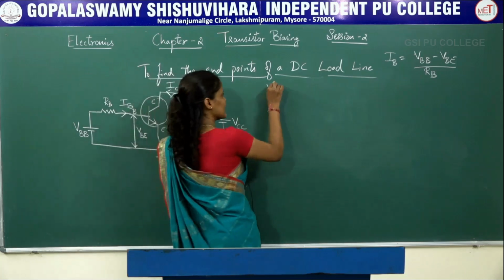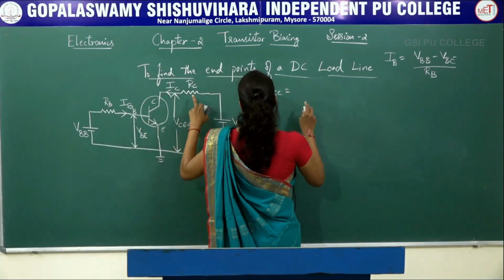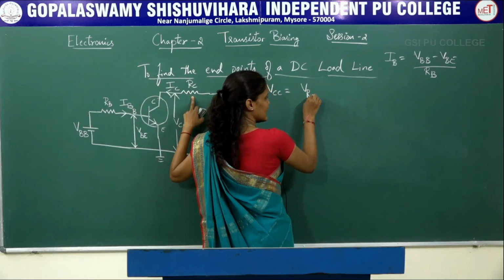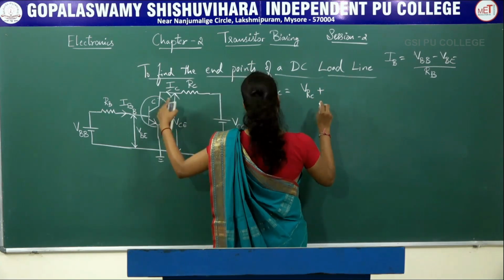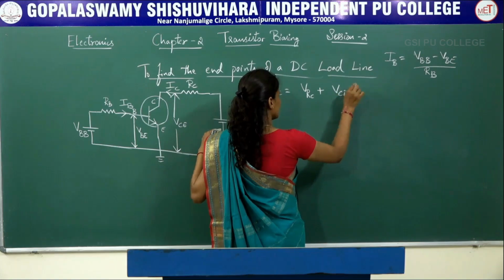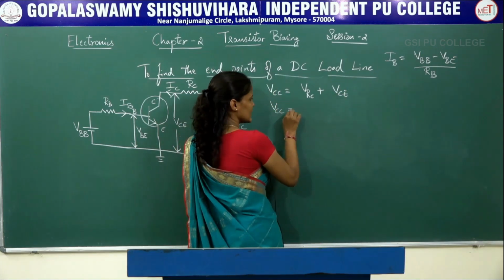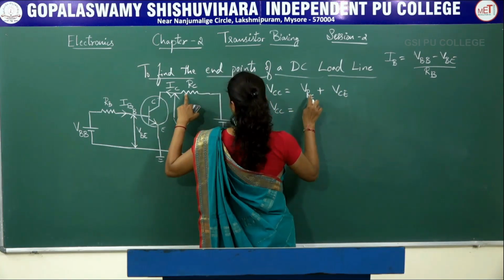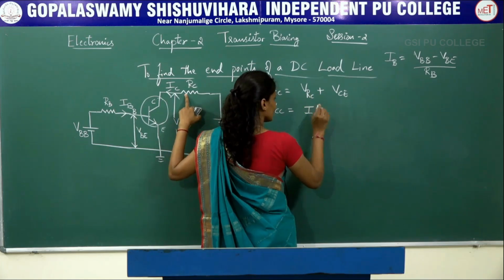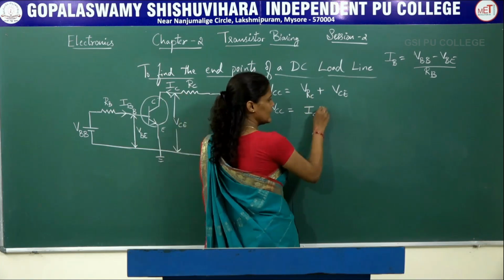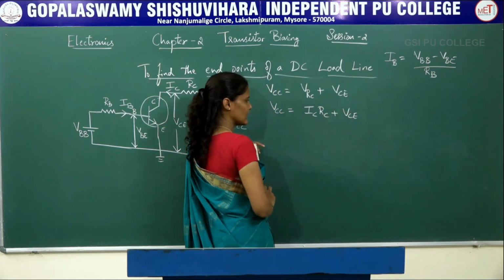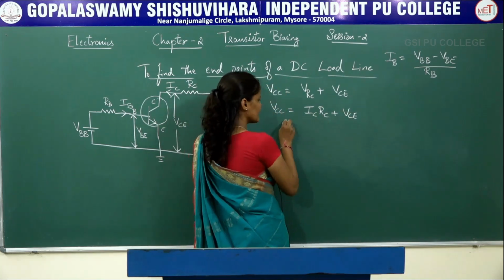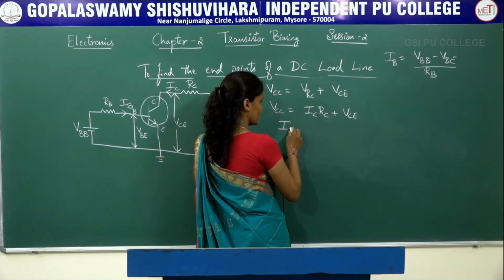So VCC will be equal to the voltage drop across the resistor, VRC, and the voltage drop across this junction, which is named VCE. The voltage drop across this resistor is the current flowing through it, IC, into RC, plus VCE. Clear?